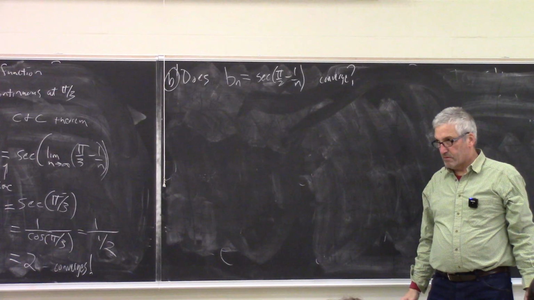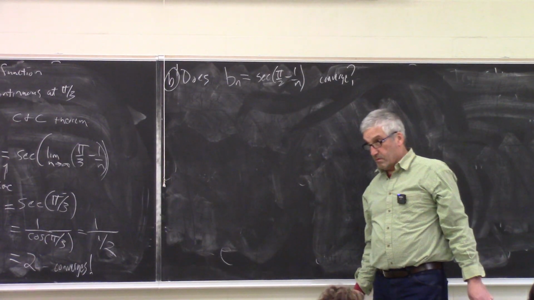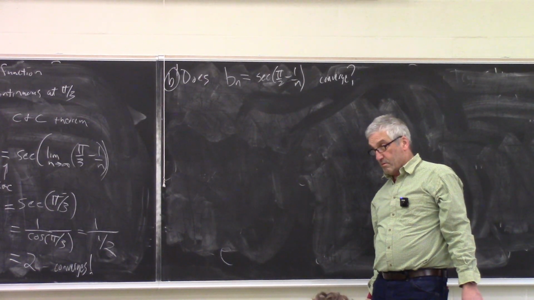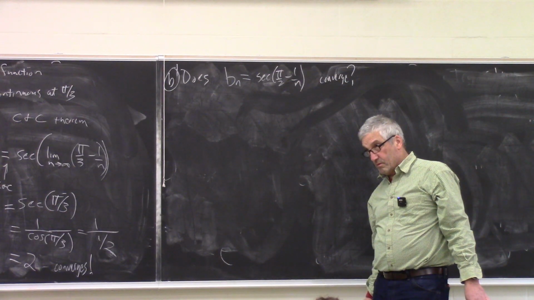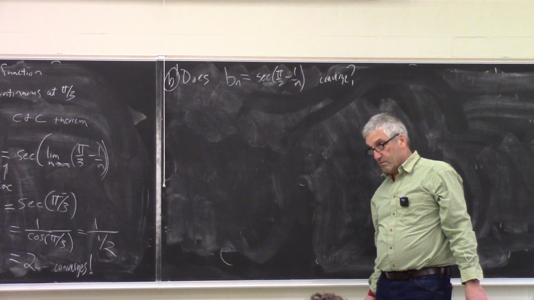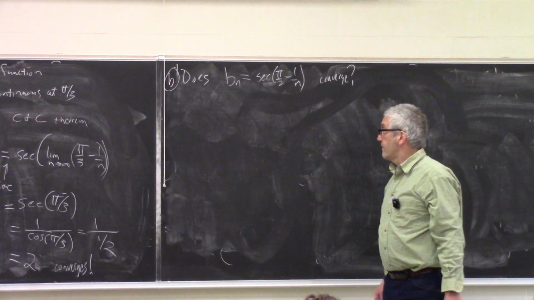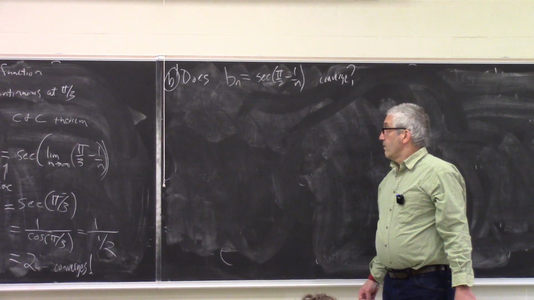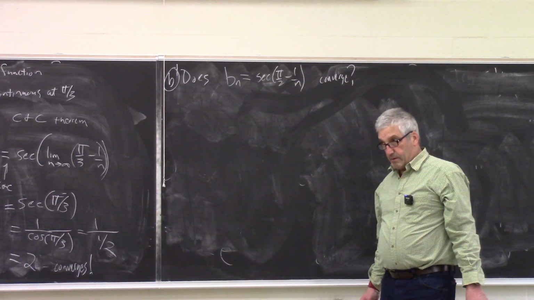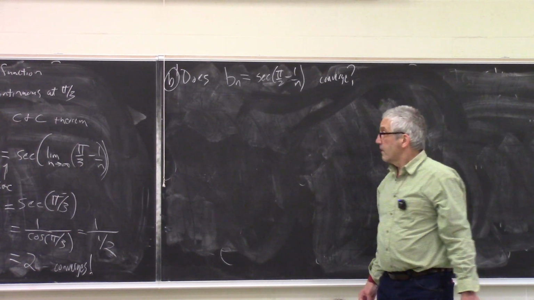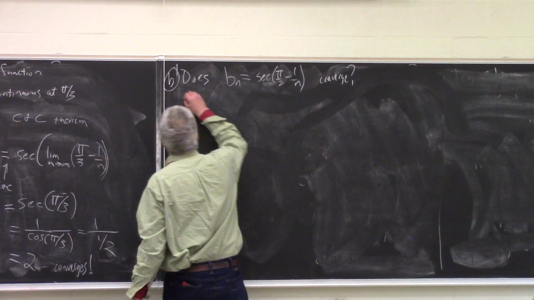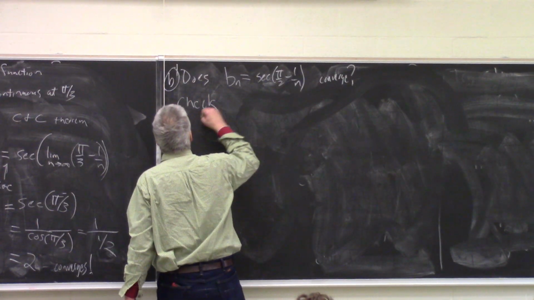No. Can you say why? As n approaches infinity, it gets closer to 0. Secant of pi over 2 would be 1 over 0. Right, right.